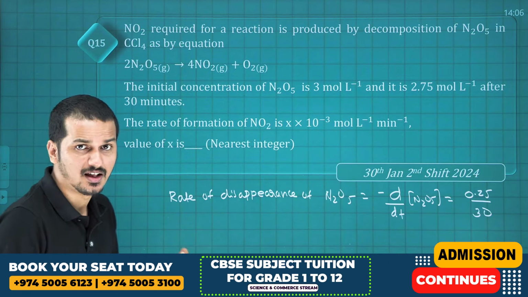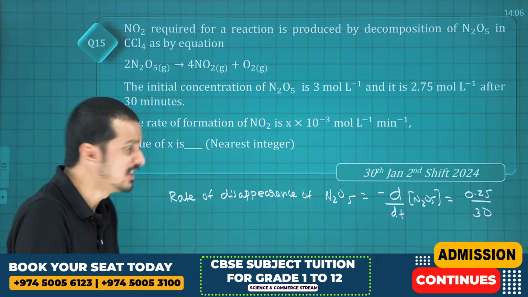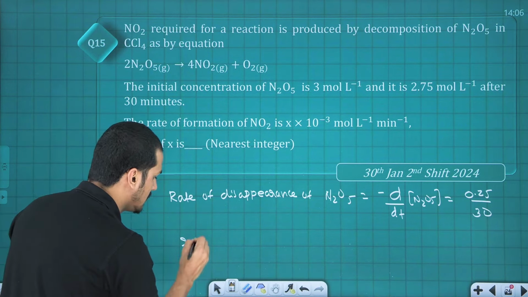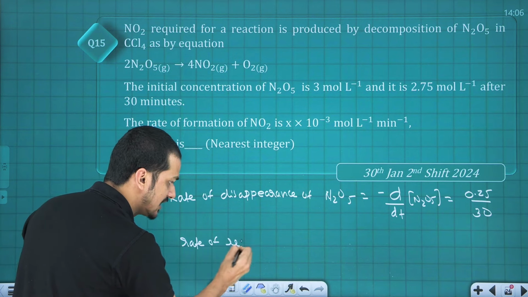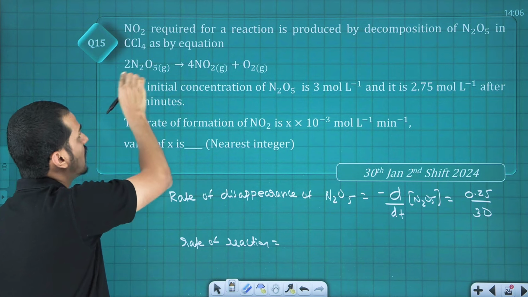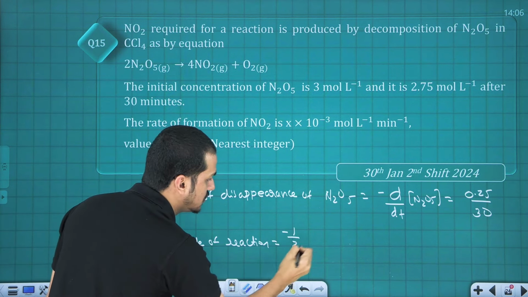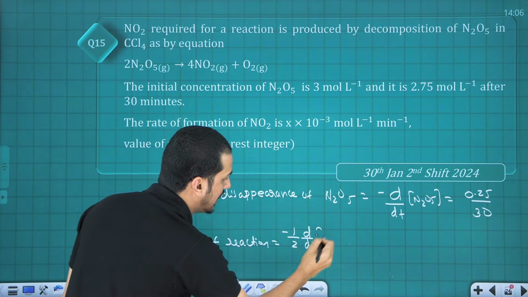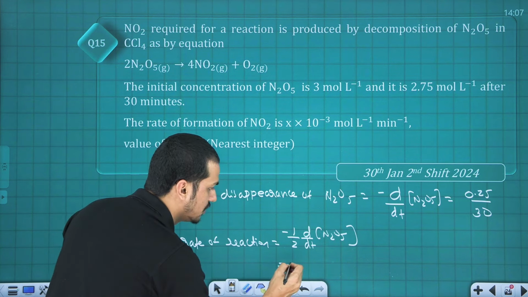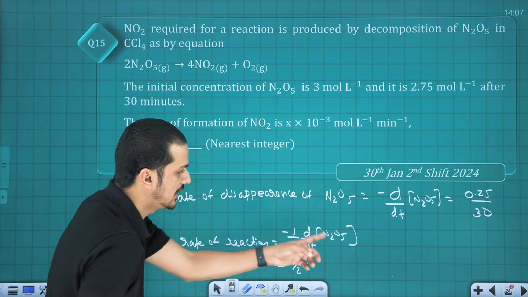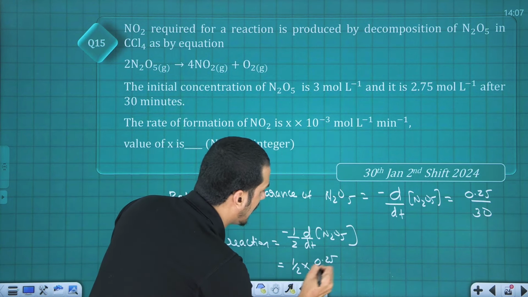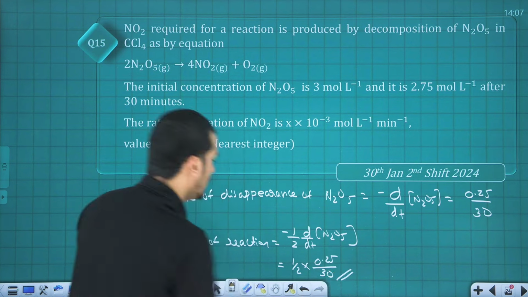How can I write the rate of this reaction with respect to N2O5? Rate of reaction in terms of N2O5 means I have to divide that by 2. Minus 1 by 2 d by dt of N2O5. That's equal to 1 by 2 into minus d by dt of N2O5, which we already found out: 0.25 divided by 30.